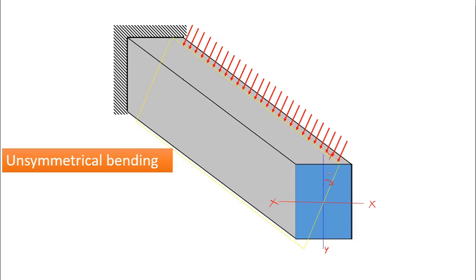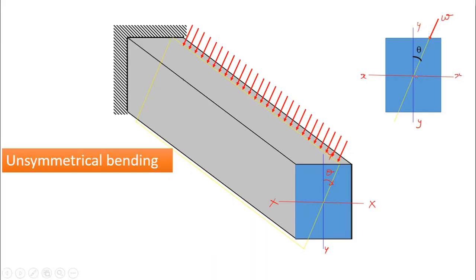This angle is theta. If you see the cross section, it will show like this. You have the x-axis, and this is the UDL load that is acting at an angle of theta with respect to the y-axis, but this load is passing through the centroid. Remember that this load is passing through the centroid.